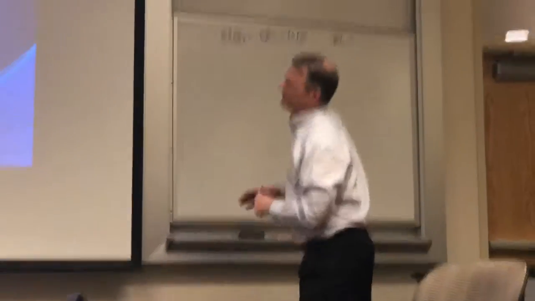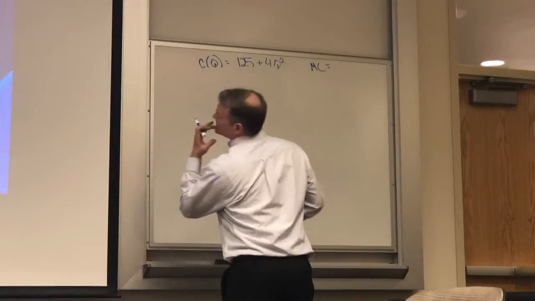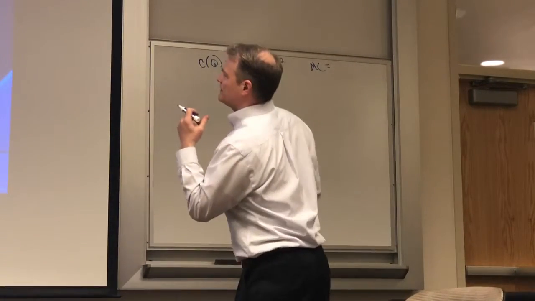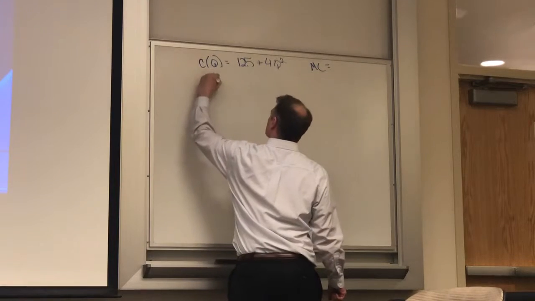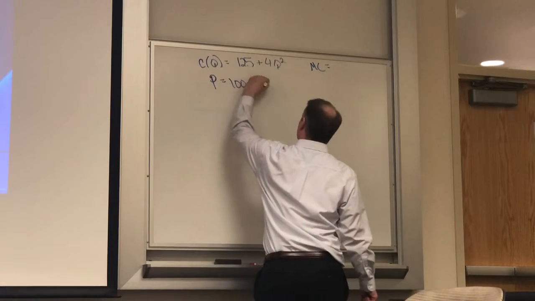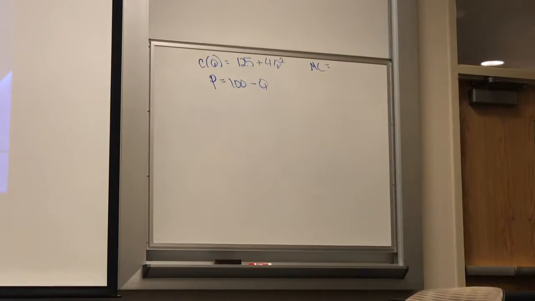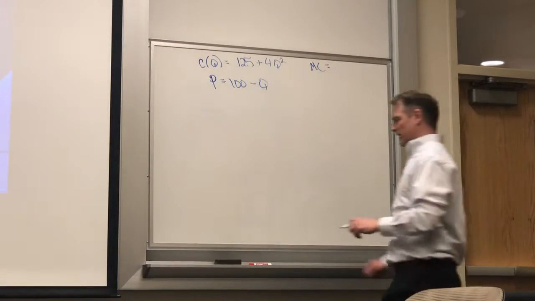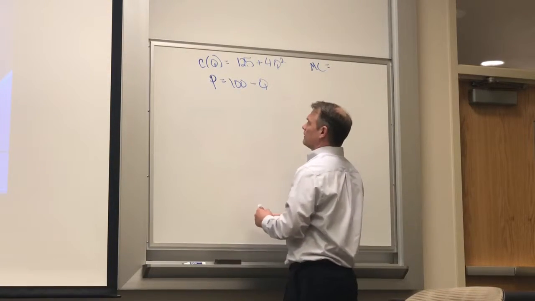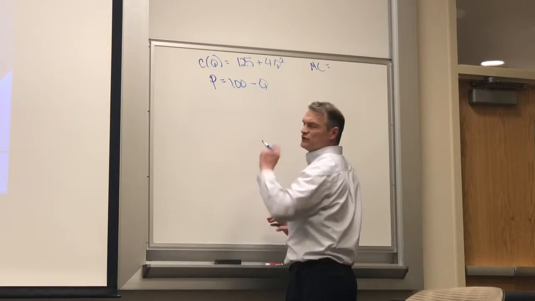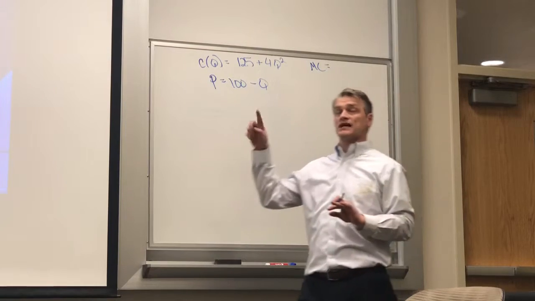What did I say is there? It's price is 100 minus Q. All right, so we'll turn on this light. Okay, so if price is 100 minus Q, okay, revenue, remember, is price times quantity.